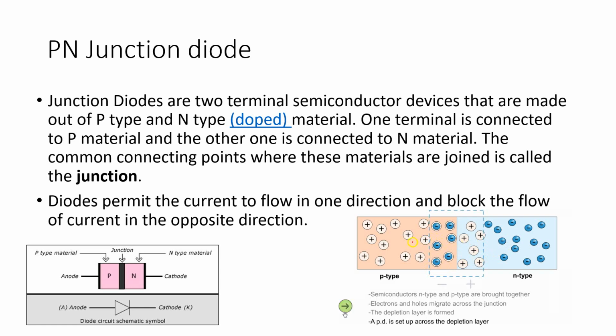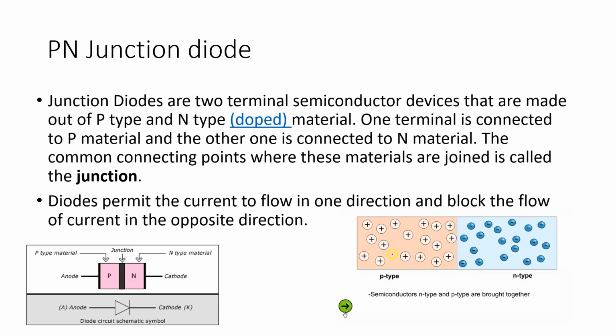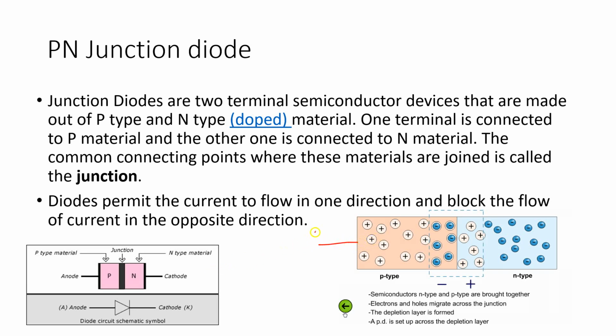Once you do this, you now form what we call a junction diode, right? The junction diode is a two-terminal semiconductor device where this side is going to be the positive terminal. We're going to call this side the anode, as you can see from the diagram here.